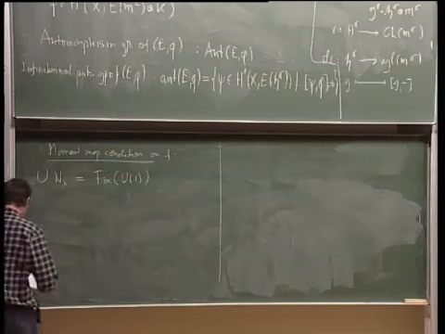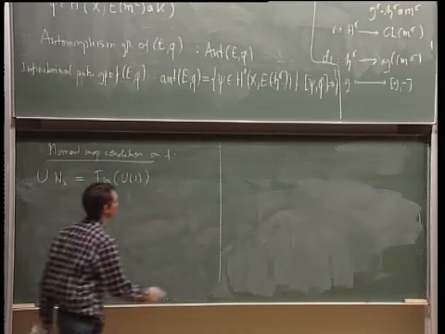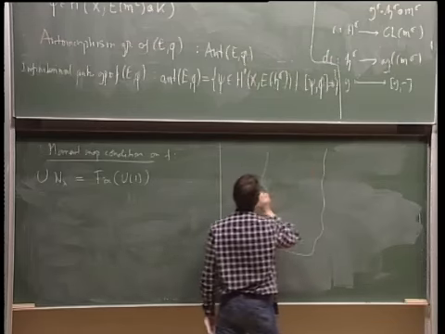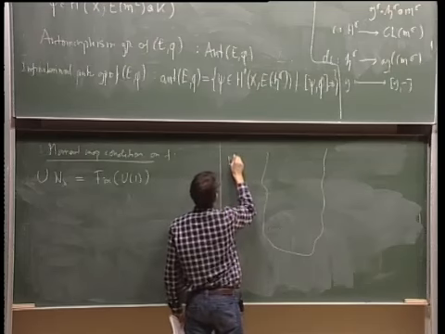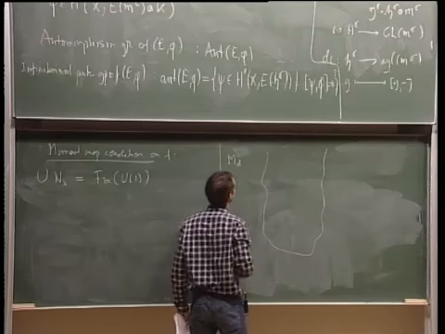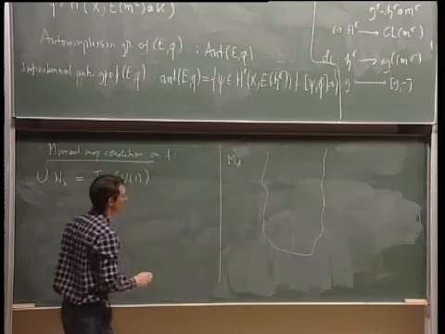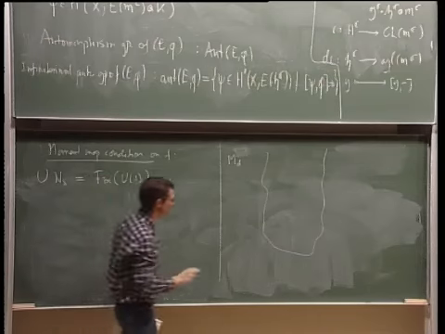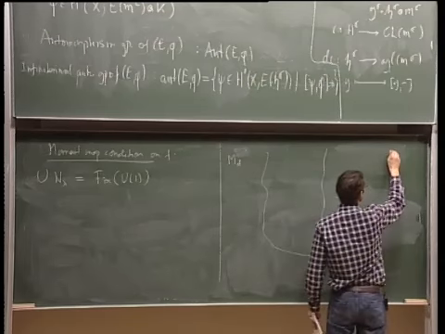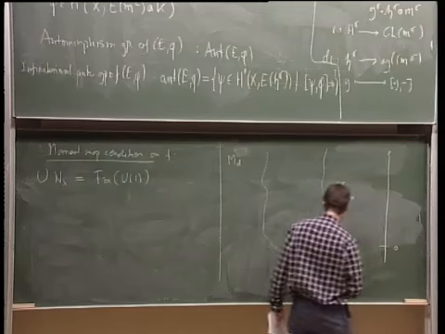So let me draw first the picture here. This is a picture of, well, let's say M_D. I'm not putting Dolbeault there because I'm secretly thinking of it as a space of solutions to the equations, of course. So I have here my moment map. Since it's a norm, it's always positive.